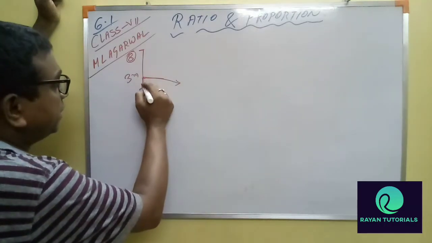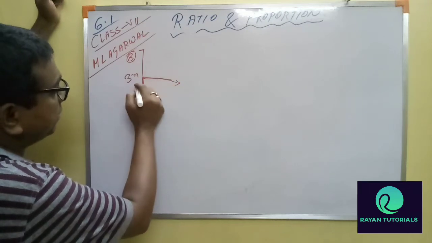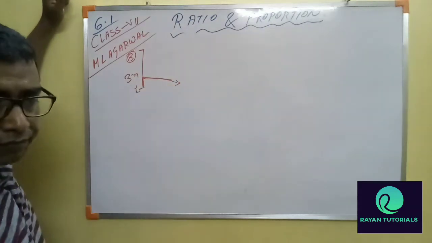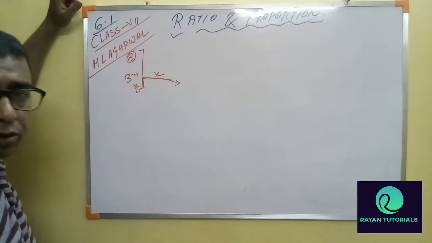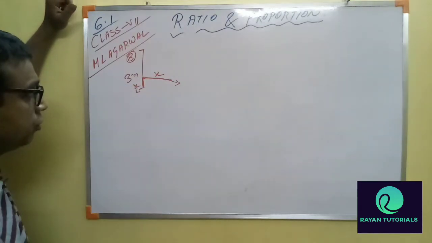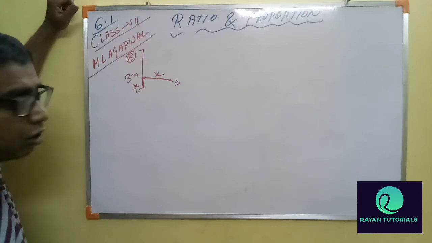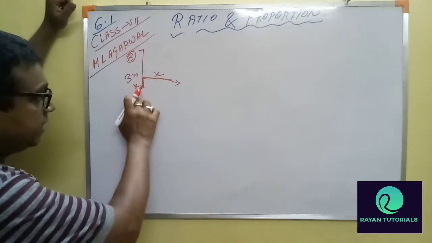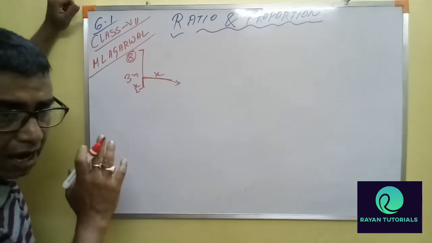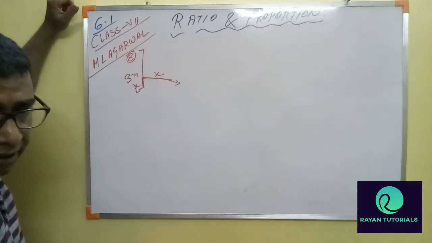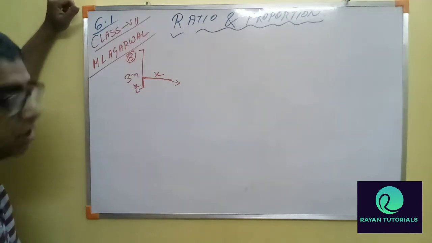That means this piece half. Means if this is x, this will be x by 2. Understood? This piece is half of this part. Find the length of both the pieces.